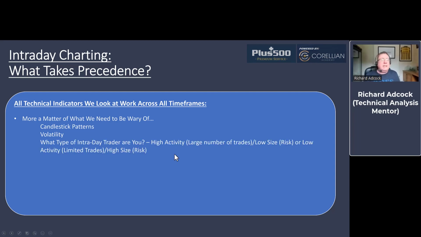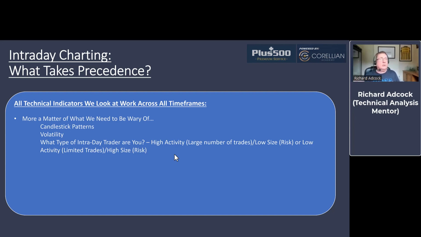I think you also need to establish what type of intraday trader you are, whether you're a high activity trader with a large number of trades but relatively low size. So you're doing a lot more trades during the day, trying to take less of a profit within each of those trades.